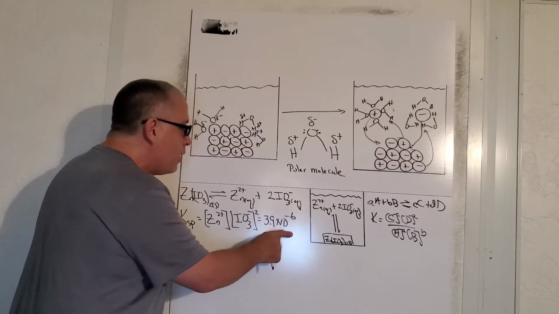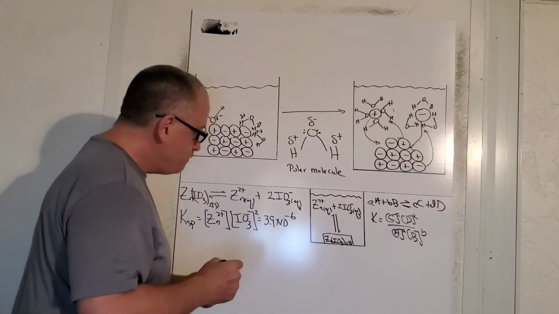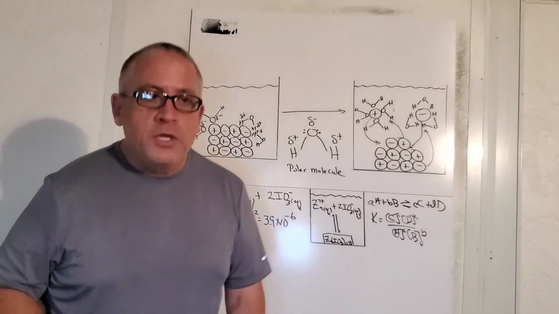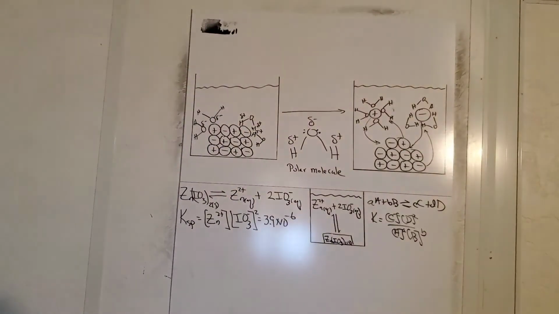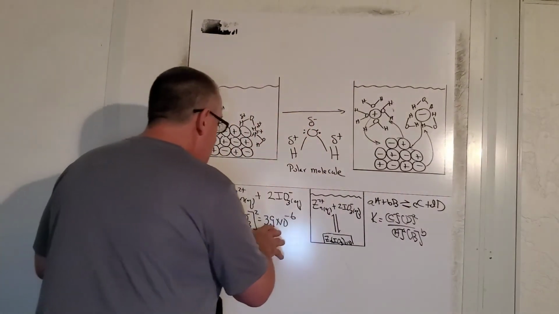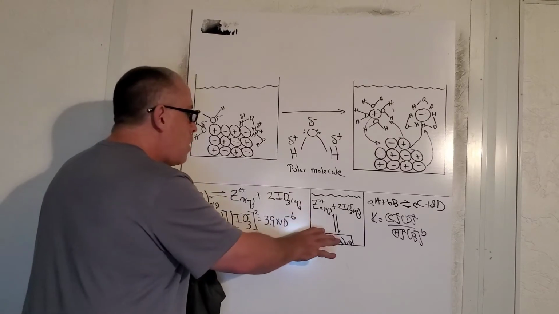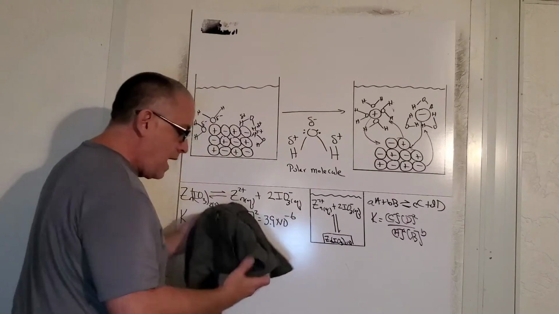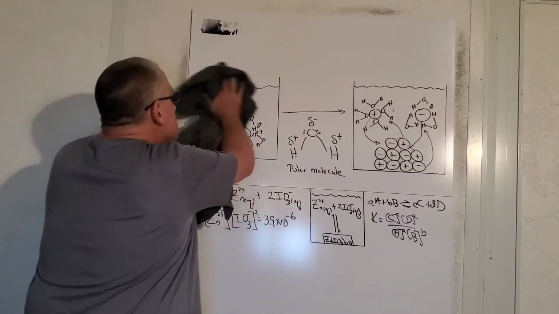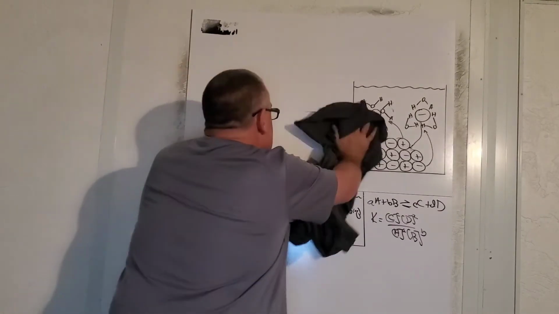That happens to be 3.9 times 10 to the minus 6. Okay? So now we're going to do some calculations. And we're going to see how much zinc will dissolve if I throw some solid zinc iodate into pure water. So let me erase this.